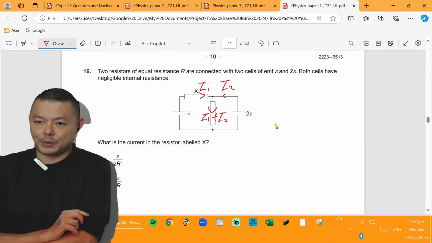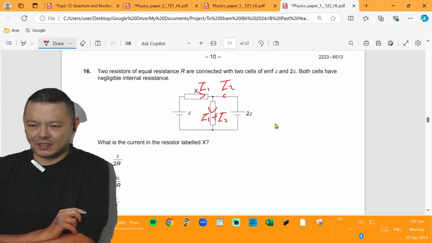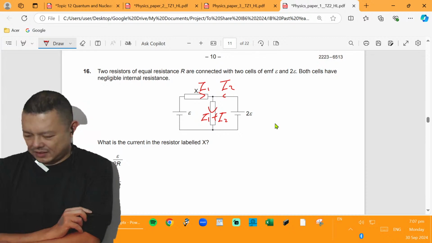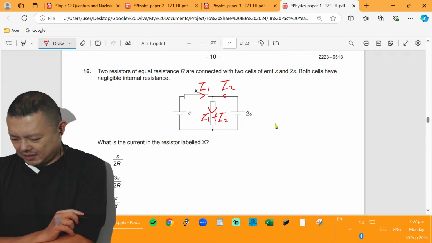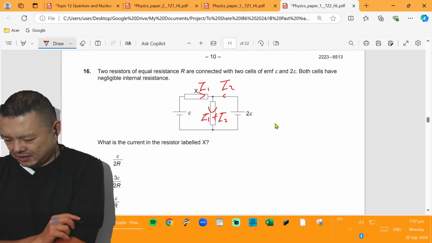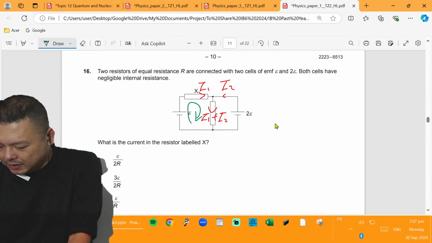So my job is to find I1, is it? Then after that, loop, one loop here. What's the loop?